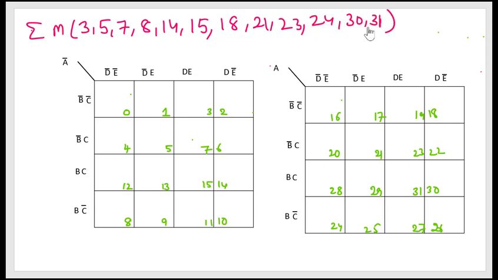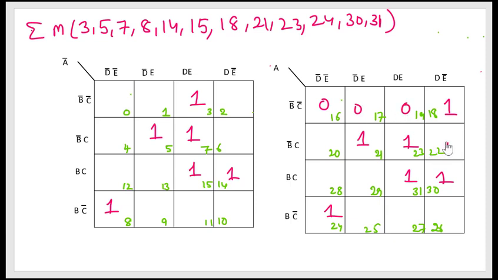For these minterms output is 1, and first we will fill the minterms. 3 is 1, 5 is 1, 7 is 1, then 8 is 1, 14 is 1, 15 is 1, then 18 1, 21 1, 23 1, 24 1, 31 also 1. Now you fill all the minterms, the rest are all zeros.